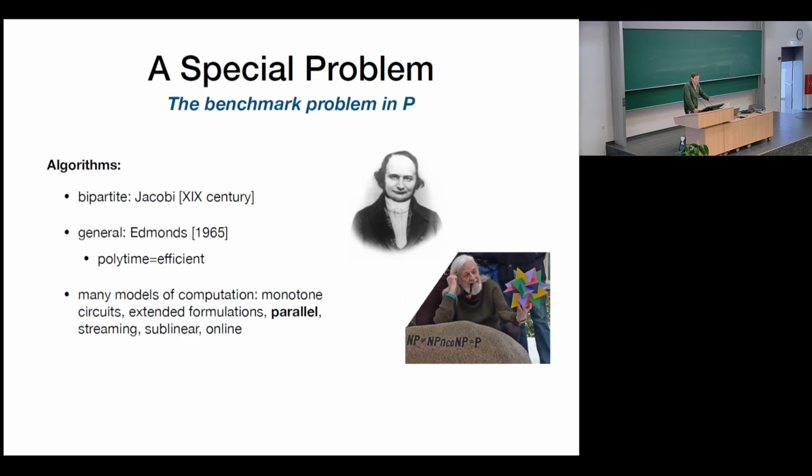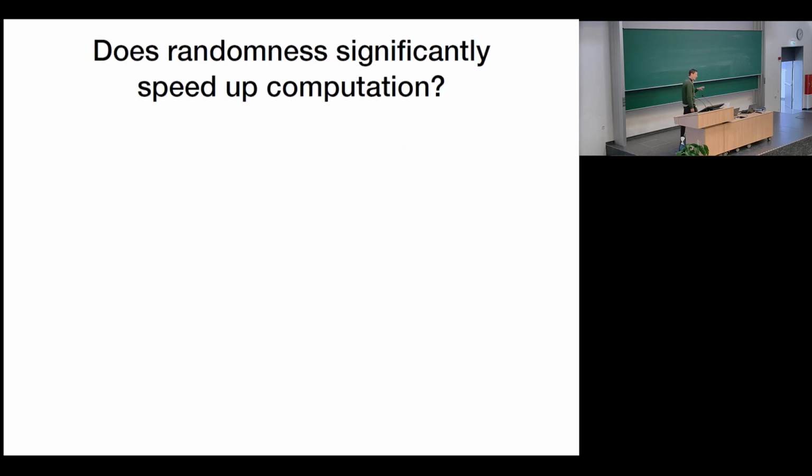One of my main motivations is that this relates to one of the unresolved mysteries in computer science, so let me comment on that. The mystery is whether randomness significantly speeds up computation or not. If you have access to random bits when you design algorithms, can you solve more problems efficiently than if you didn't have access to such random bits?